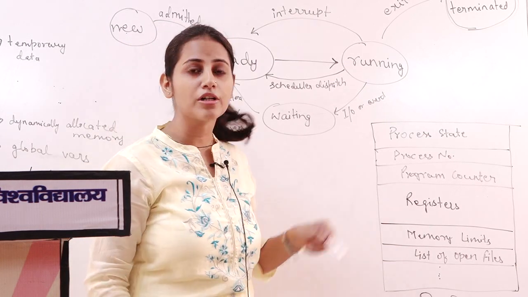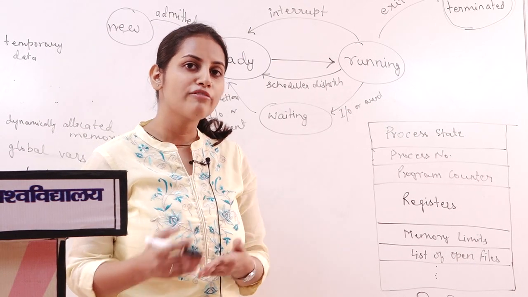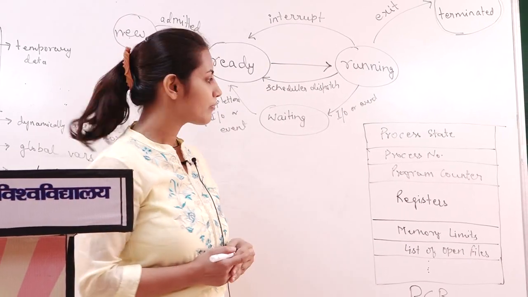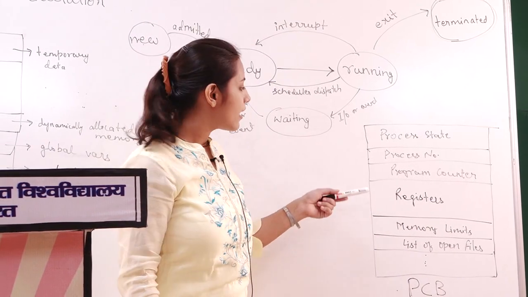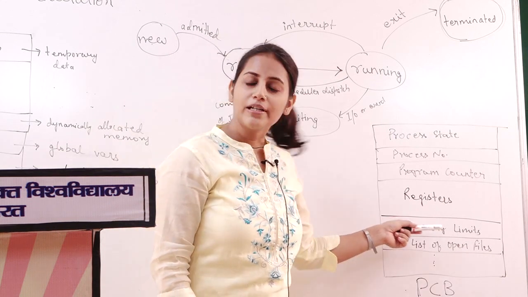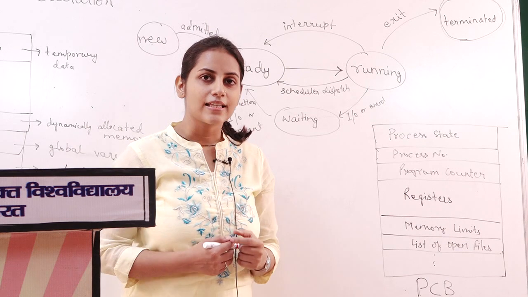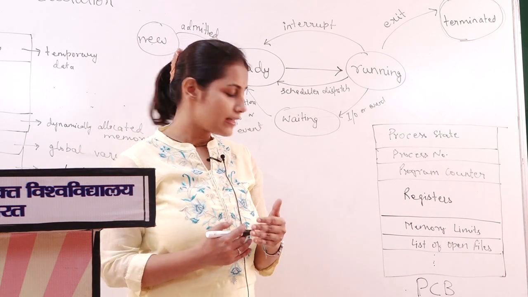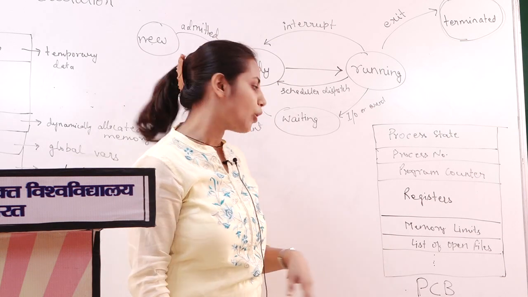Then the program counter, which essentially tells us the next line of code that will be executed. Then the registers, the information stored in the registers associated with the process. Then there are memory limits. So the amount of memory that the process can legally access, this memory has a lower and upper limit, which is also stored in the process control block.